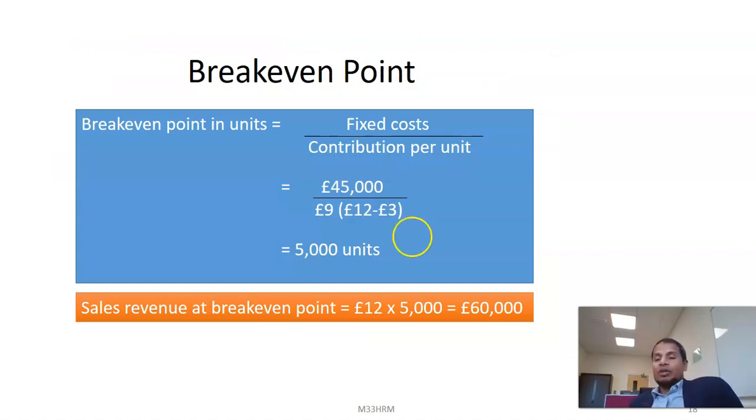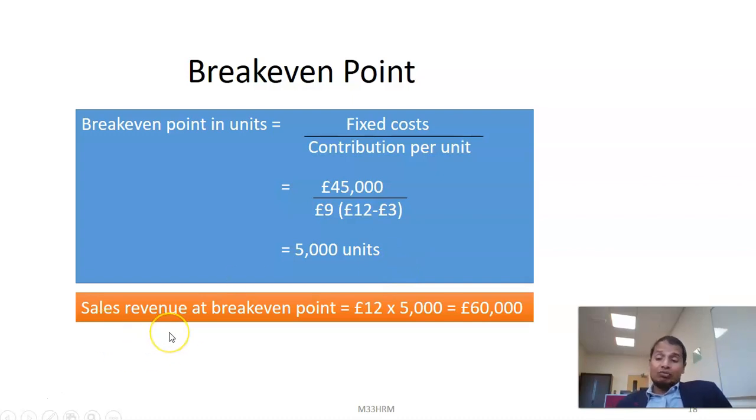You can calculate the break-even point in units as total fixed cost divided by contribution per unit. The total fixed cost, as we saw before, is 45,000, and contribution per unit is 12 minus 3, that is 9. So 45,000 divided by 9 is 5,000 units. If the company produces and sells 5,000 units, then it is at the break-even point, that is no profit, no loss.